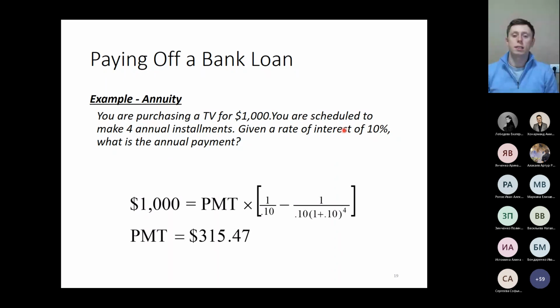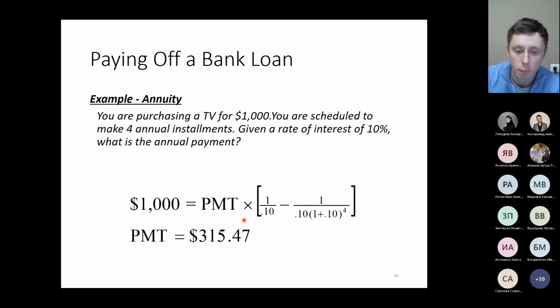This is another setting, the one you would see in the shop most of the time. You want to purchase something, and the shop offers you to make the payment in four parts at a 10% rate. This is how much you would need to pay 4 times.